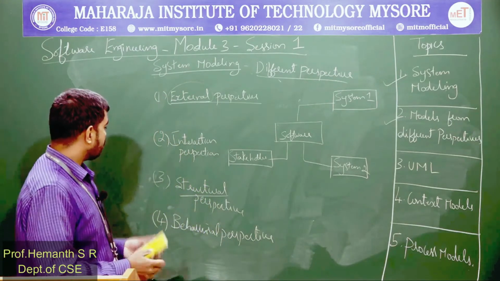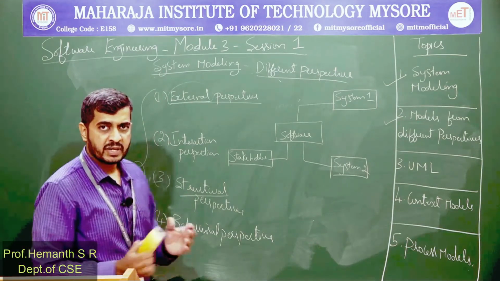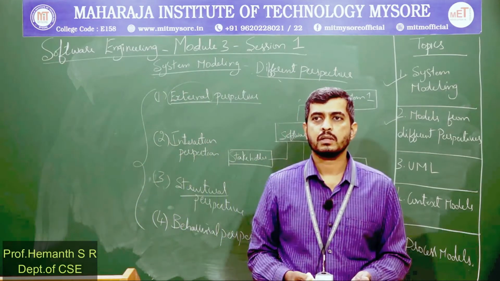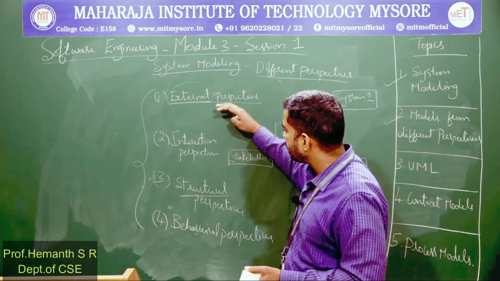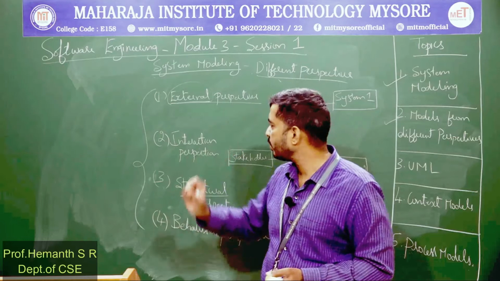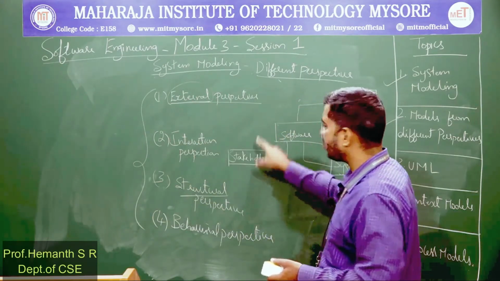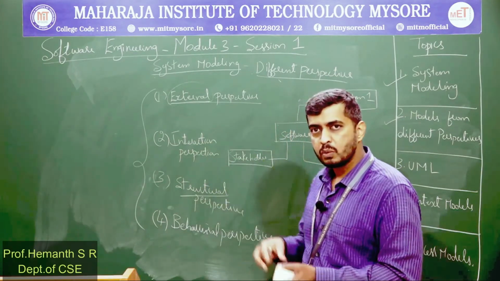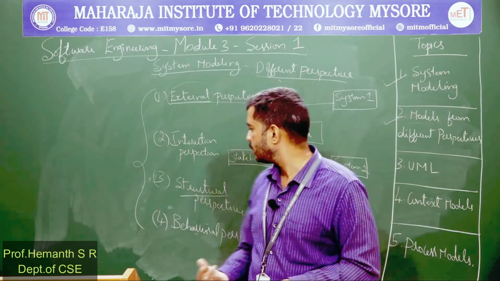So we have different perspectives, different ways in which you can present your design plans as system models, and in each perspective there is a focus on some aspect. For external perspective, the focus is on what is surrounding my software. Interaction perspective focuses on how things are communicating with one another.